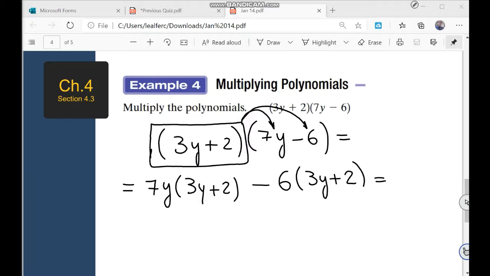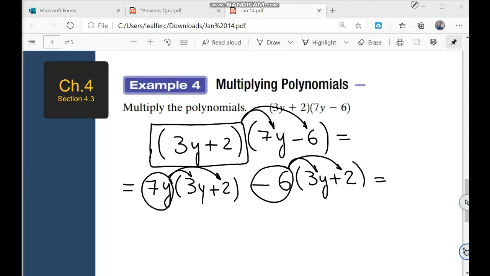Okay? Now you're going to apply again. It's a second step where you're going to apply the distributive property again. Multiplying the monomial by each term. Multiplying this monomial, this is kind of a monomial, by each term.